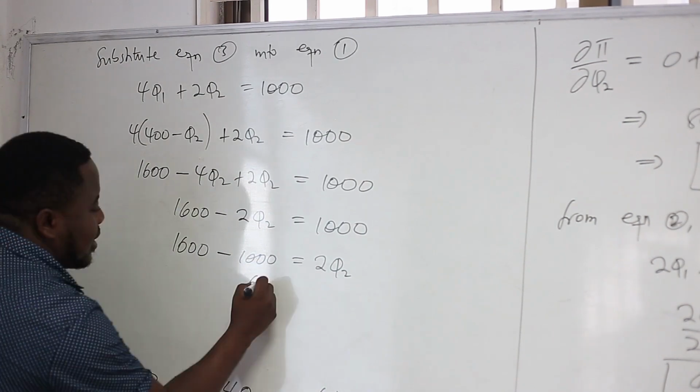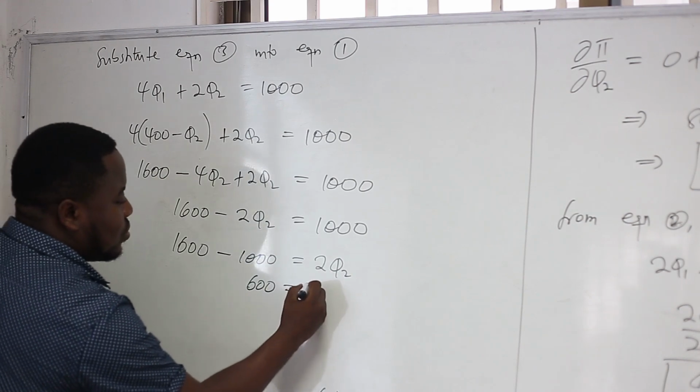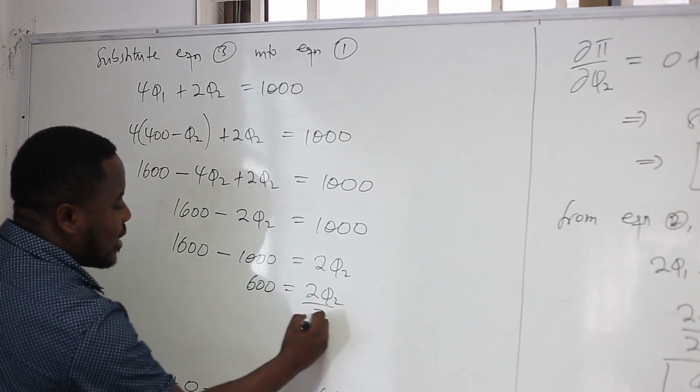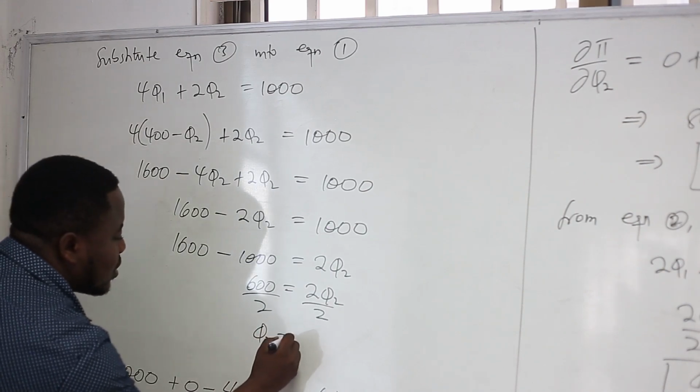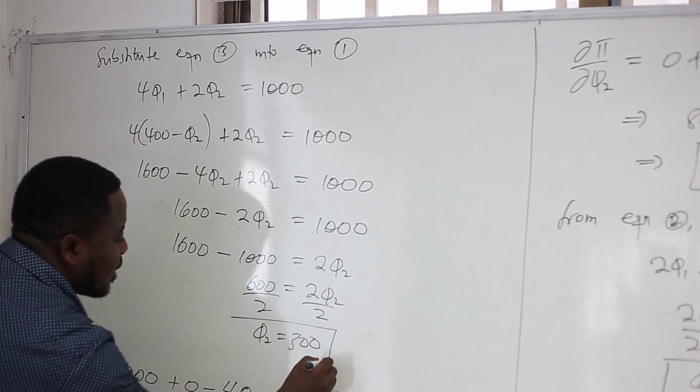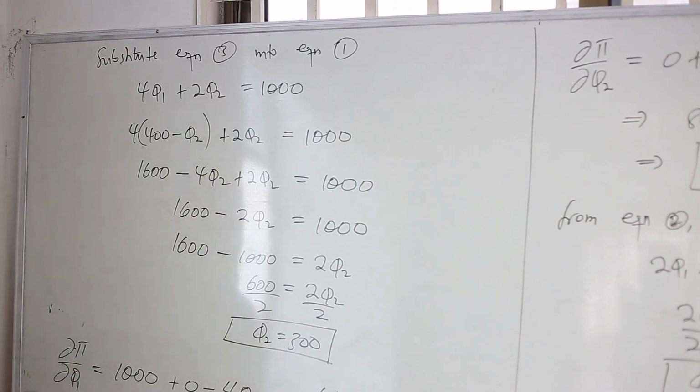So I have 600 is equal to 2Q2. I divide here by 2 and divide here by 2. Q2 is equal to 300. So I substitute Q2 is equal to 300 into equation 3 to find Q1.